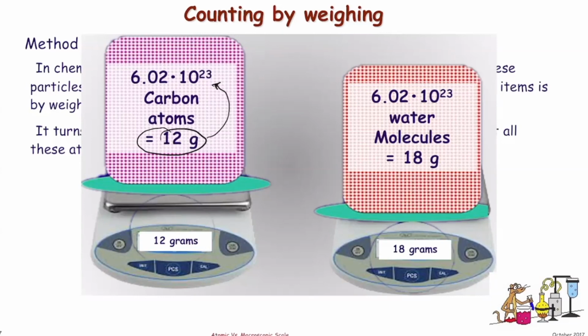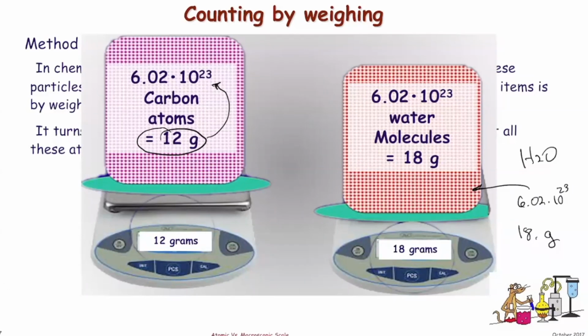If I have a scale and I put 6.02 times 10 to the 23rd water molecules on that scale, guess how much that would weigh? It would weigh 18 grams.